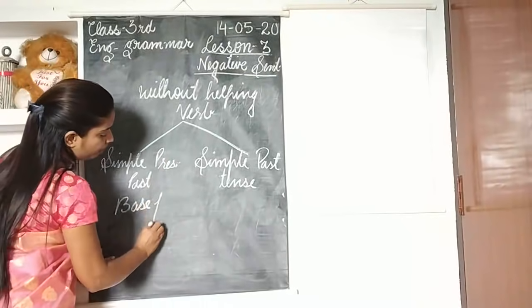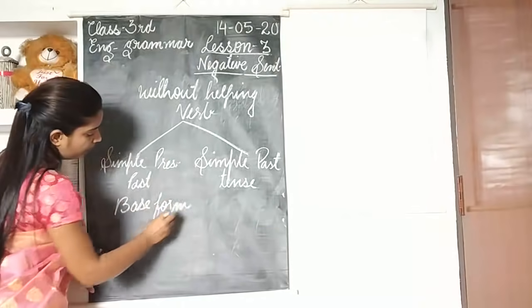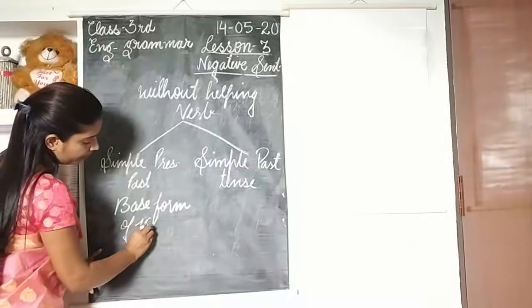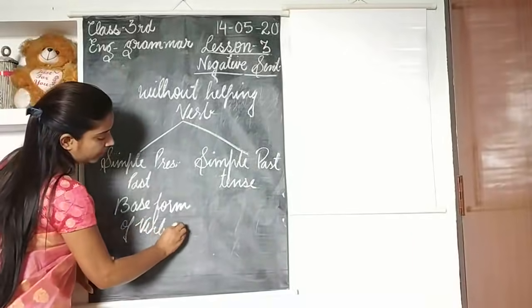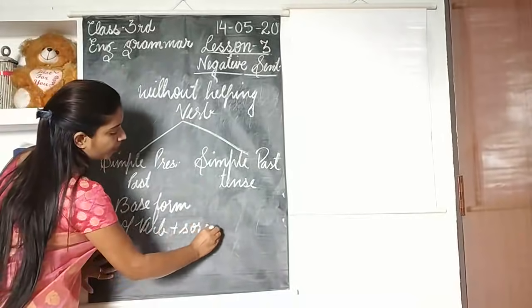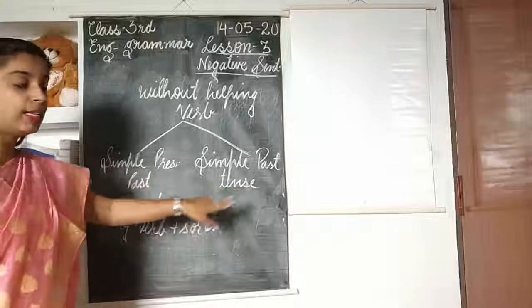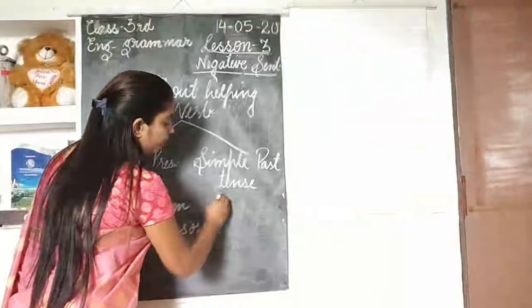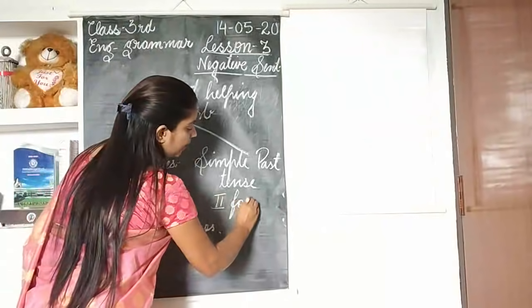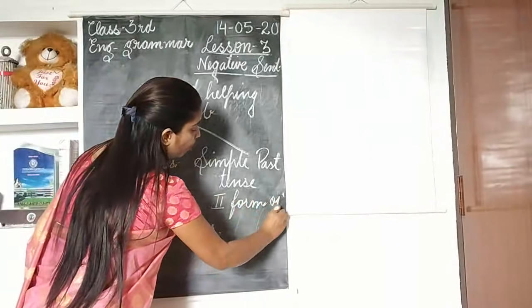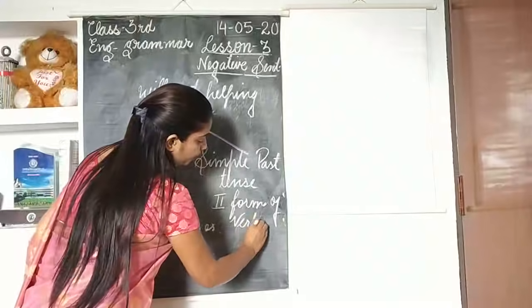What is used? Base form of verb is used, sometimes with s or es. And in simple past tense, the second form of verb is used.